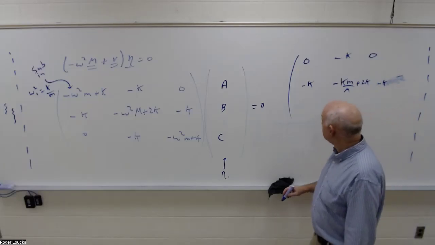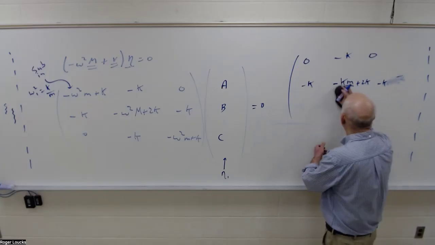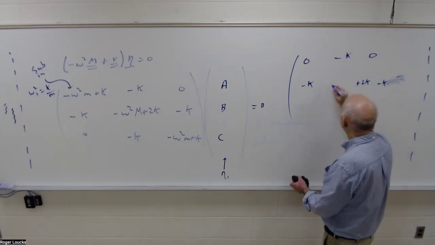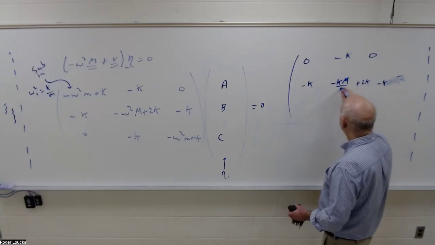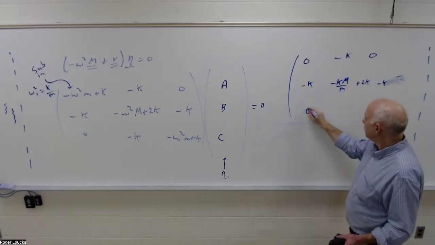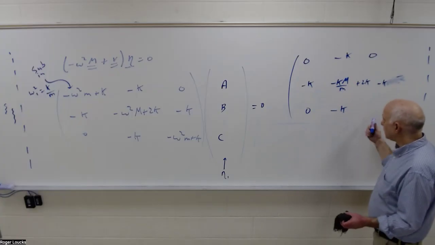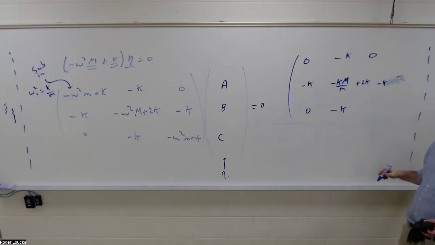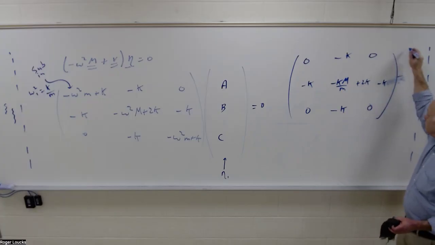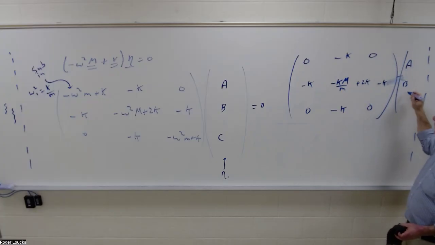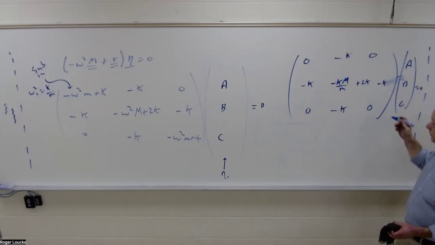Did I... oops, I did fold them. There. And then 0, minus k, and then this guy goes to 0 as well. And this is all times A, B, C, and this is away from 0.